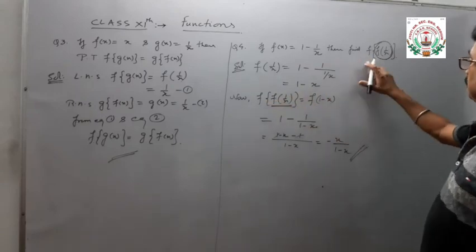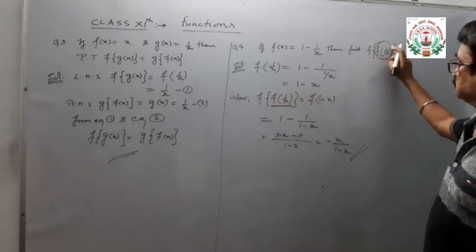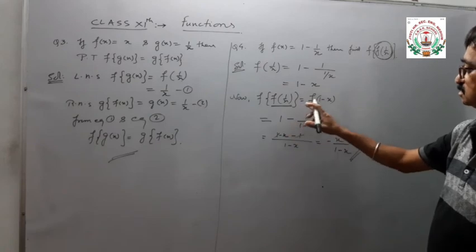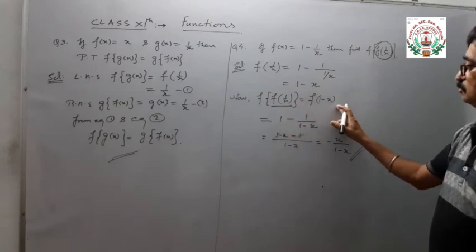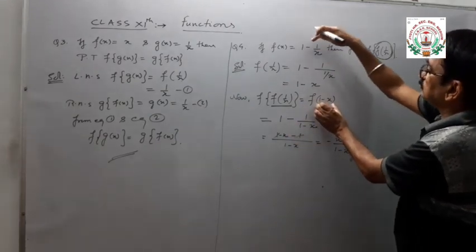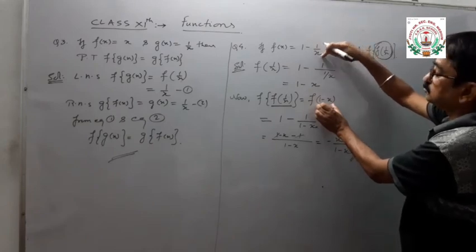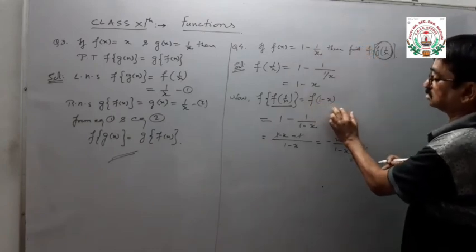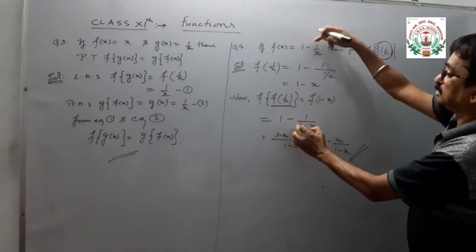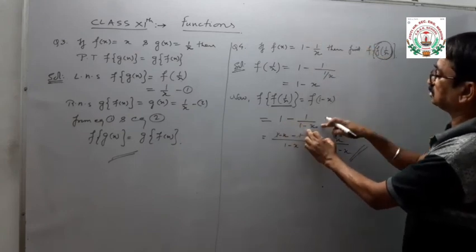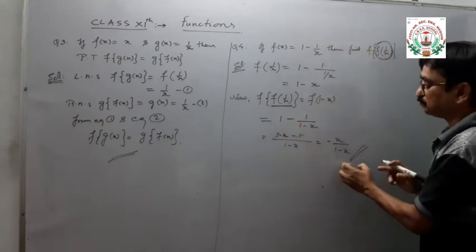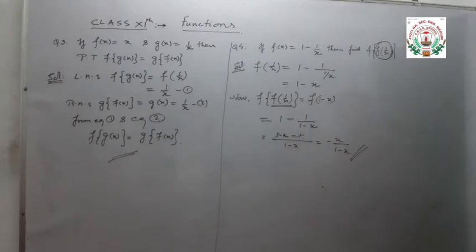Now in place of f of 1 by x we put 1 minus x, f of 1 minus x. Now the function is 1 minus 1 by x, but here in place of x we have to put 1 minus x. So 1 minus 1 upon 1 minus x, and simplify, that will be our final answer. Okay?